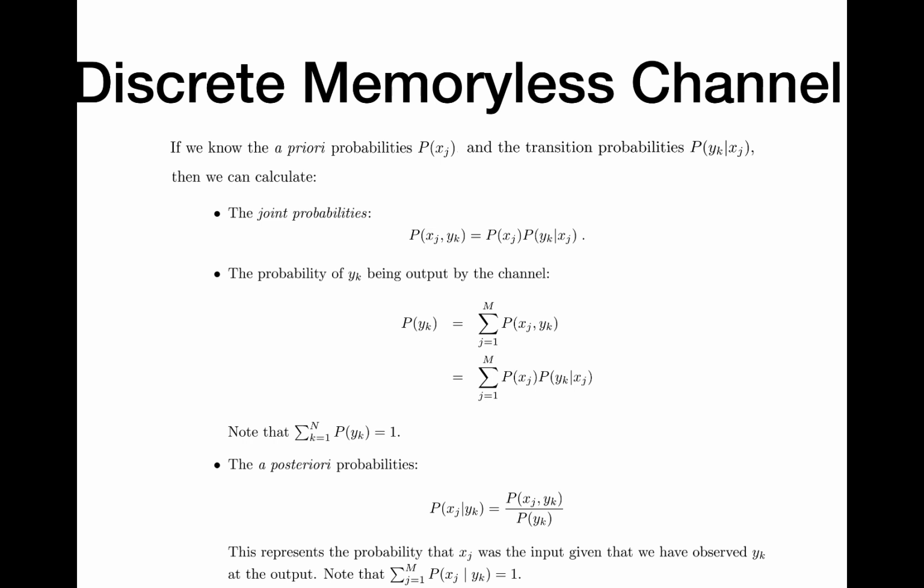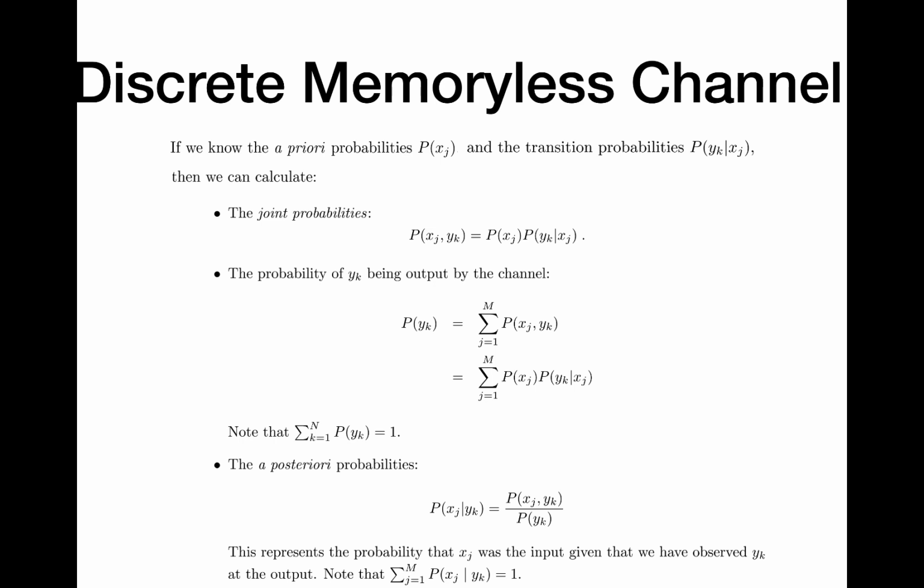Now once you calculate the joint probabilities, you can calculate the probability of yk by summing the joint probabilities over all values of x. Whatever be the value of j, you sum over all those values, j equal to 1 to m, and you get probability of yk.